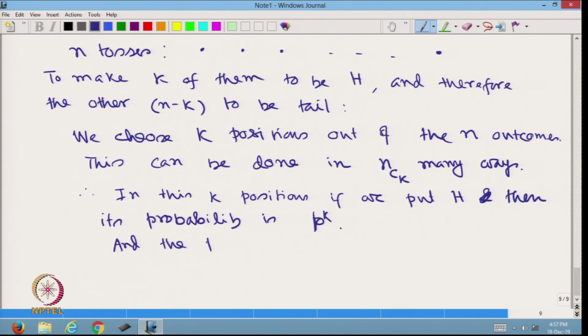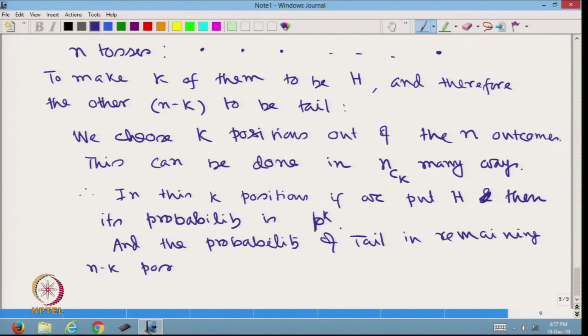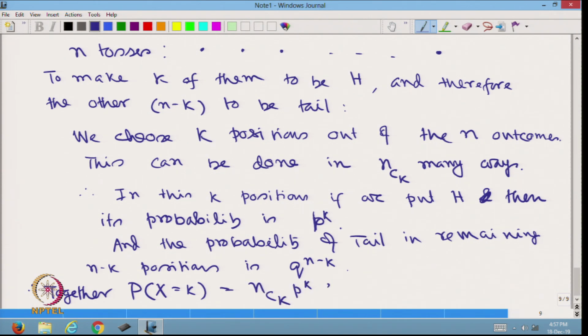the probability of tail in the remaining n minus k positions is q to the power n minus k. Therefore, together, probability x is equal to k is equal to n c k p to the power k q to the power n minus k.